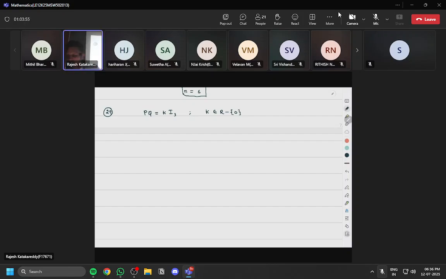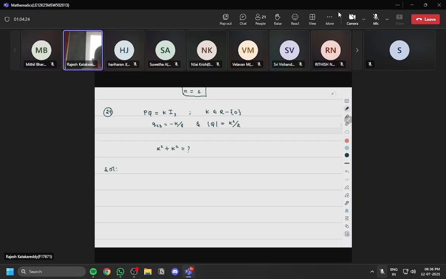Then Q23 is given as minus K by 8. Determinant of Q is also given, that is K square by 2. Now we should calculate the value of alpha square plus K square.